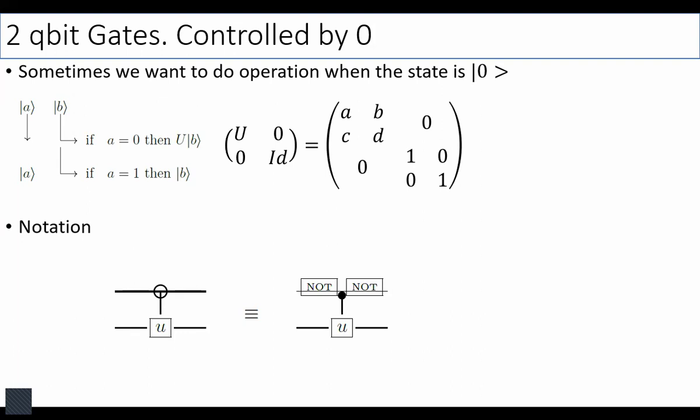For this operation, we draw an open circle, not a full dot but a dot with empty inside. It is equivalent to applying NOT, which moves A from 0 to 1 and from 1 to 0, applying the controlled operator, and applying NOT again to reverse A to the original state.